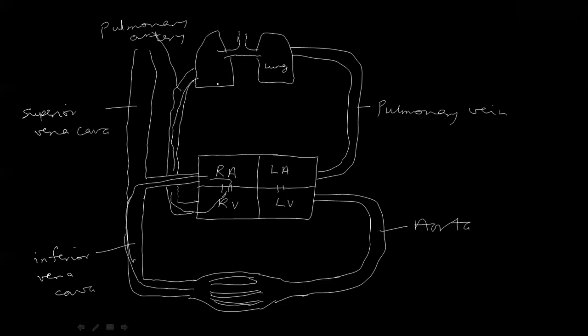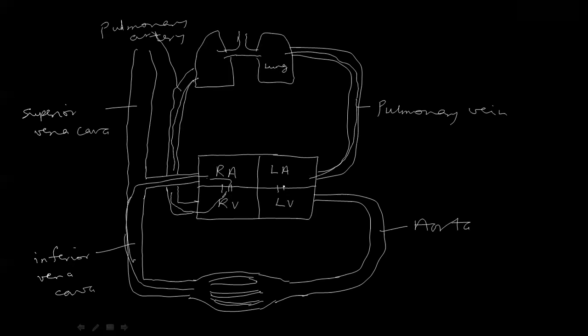So in the lung, oxygen is added to it, right? So once oxygen is added to the blood, it becomes oxygenated, and then the blood is pumped through the pulmonary vein.